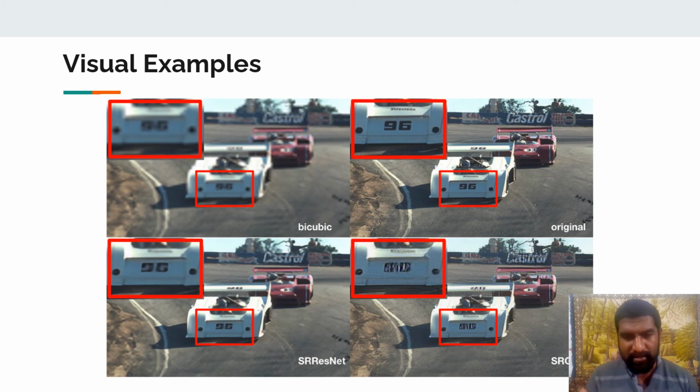However, this is because the model has been trained on ImageNet, and ImageNet specifically does not have any textual images, just natural images. If it was trained on textual images, we could have obtained better results. So the training data is really important in any neural network, and especially in GANs and SRGAN as well.